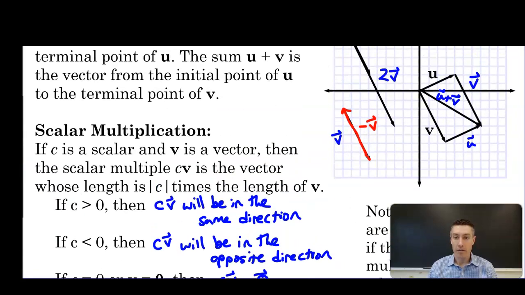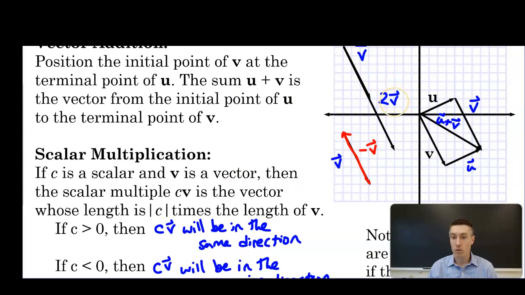So on our graph, vector v, vector 2v, and negative v are all considered parallel vectors. Right? It doesn't matter if they're in the same direction or opposite directions. If they are scalar multiples, mathematically we define those as parallel vectors. Right? So v, 2v, negative v would all be examples of parallel vectors here.